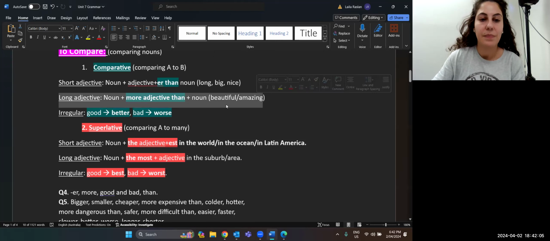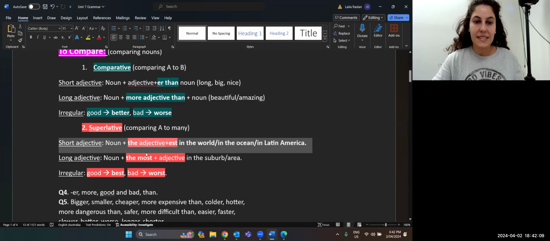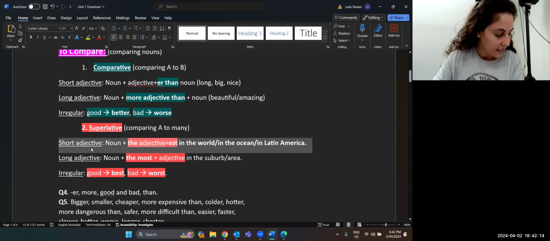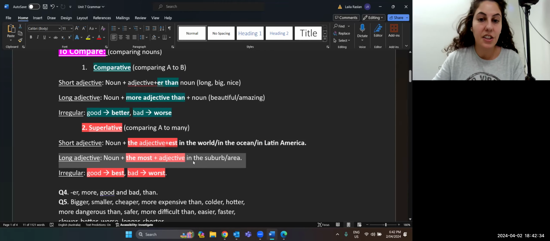You can say a sentence in the superlative. It would be something like, London is the most expensive country in the UK, maybe, for example.